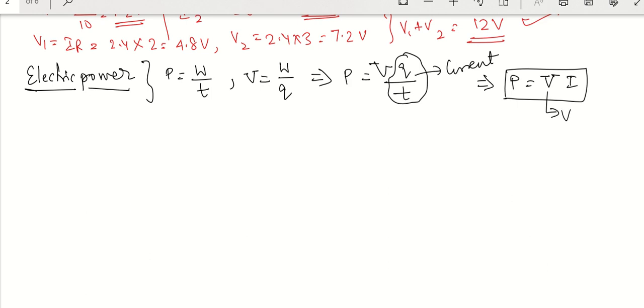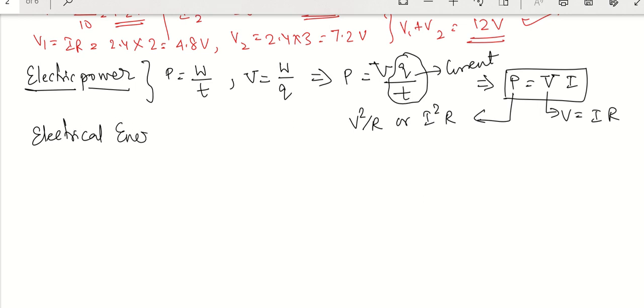But Ohm's law says that V is equal to IR. So I can write my power also as V square by R, or I can also write I square R. Anything I want. Then what is my electrical energy? My electrical energy would be your power into time.